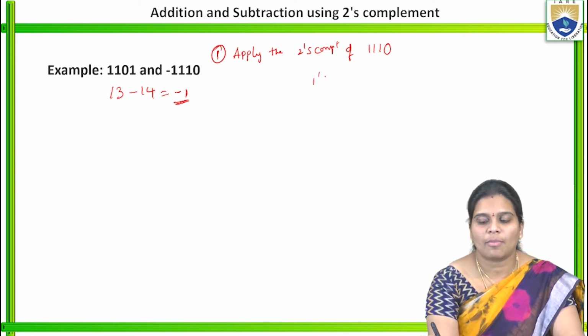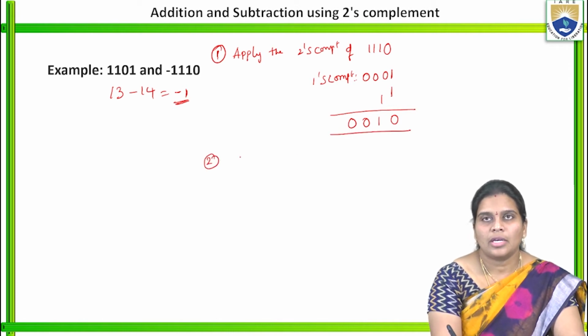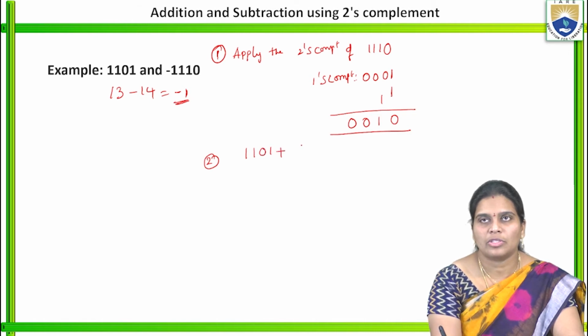First apply the ones complement: zeros change to ones, and ones to zeros. Then in the LSB we add 1, giving 0010. In the second step, add 1101 plus the twos complement of 1110. Now we add these two values, 1101 and 0010.